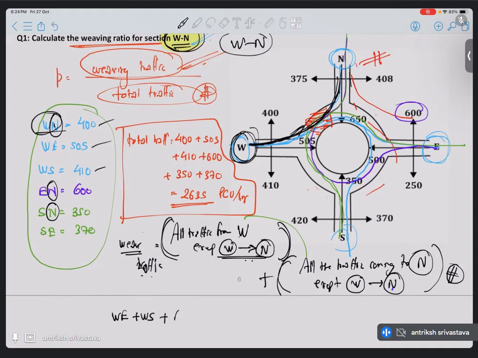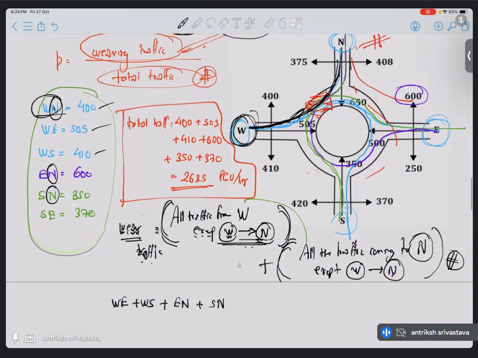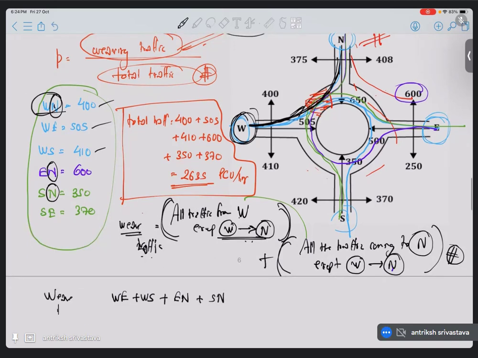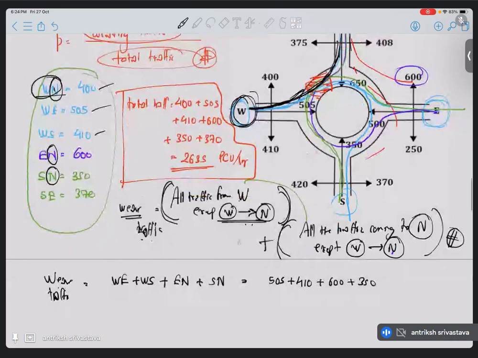So we have east to north plus south to north. So what is this? Weave traffic is your 505 plus 410 plus 600 plus 350. So what is the value?